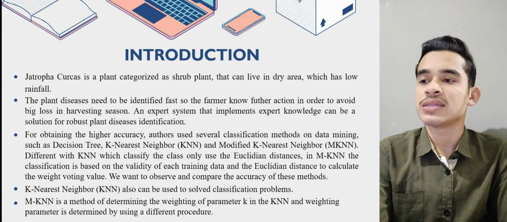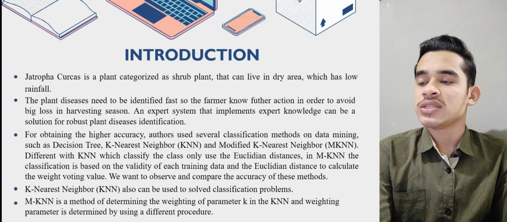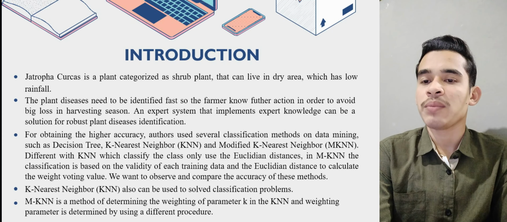To obtain high accuracy, there are several classification methods in data mining, such as decision tree, K-Nearest Neighbor, KNN, and Modified K-Nearest Neighbor, MKNN, which is different from KNN, where classification of the class only uses the Euclidean distance.